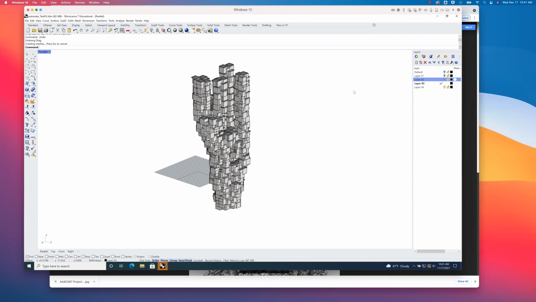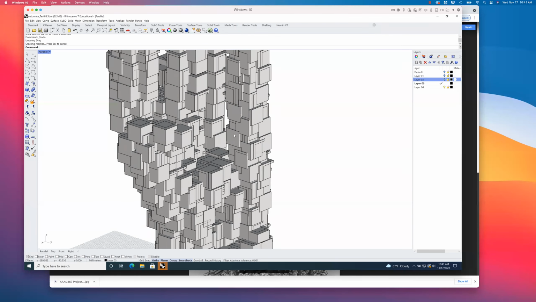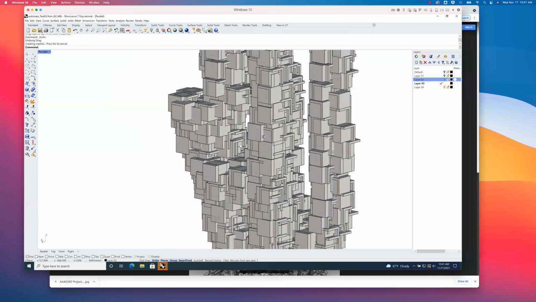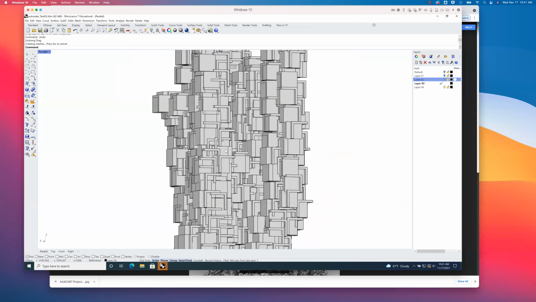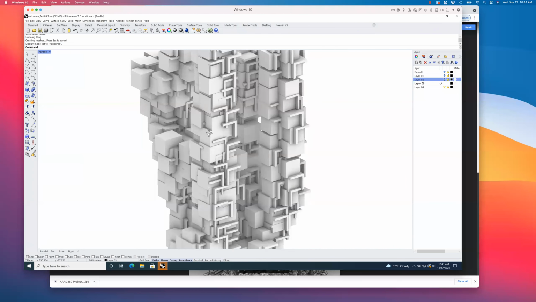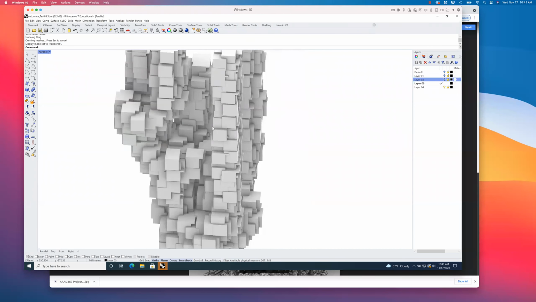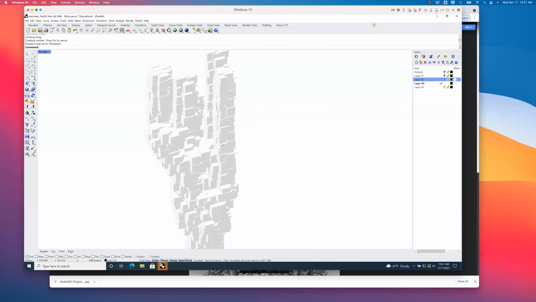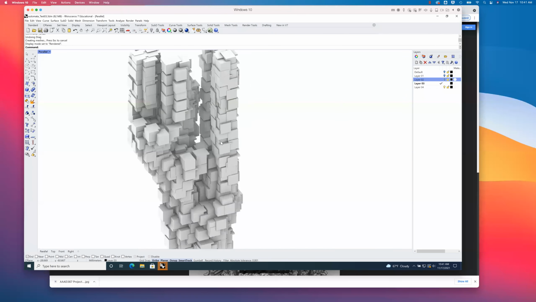Or I can straighten things out and not use rotation, but then jitter things in elevation, jumble it up, and create a more interesting relief pattern. So there's room for you to experiment here as you begin to generate. Wind the clock up and let Rhino generate stuff for you.